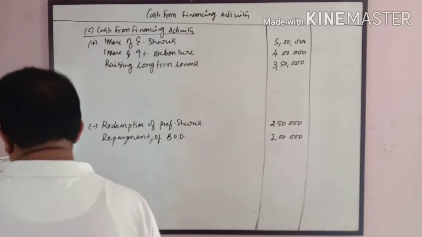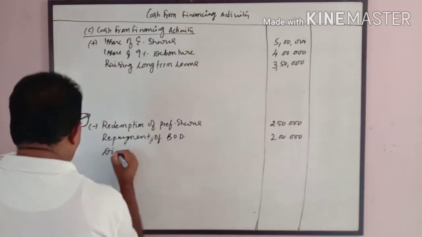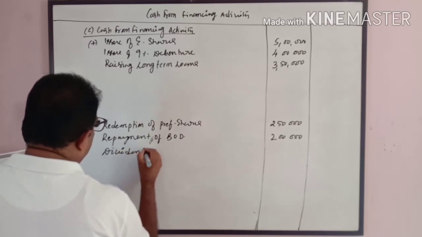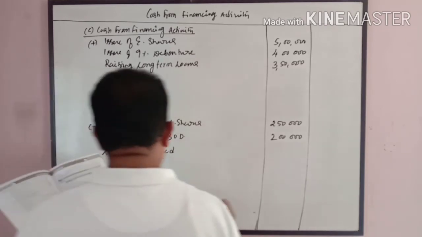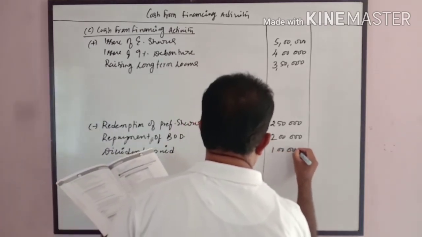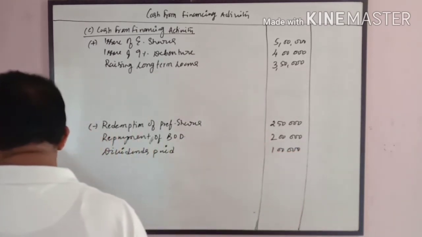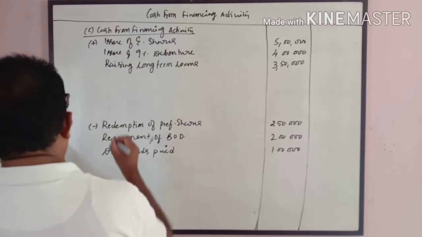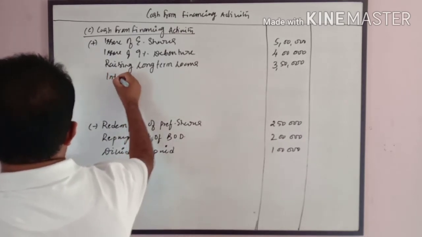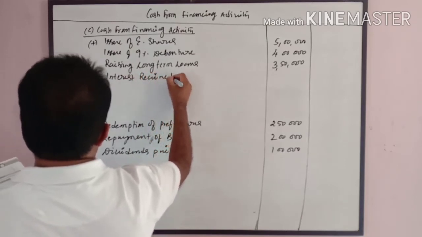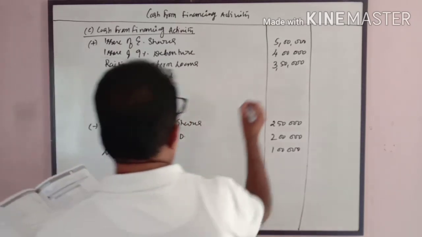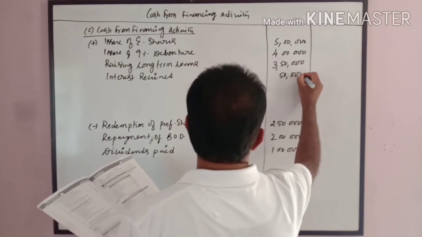Then dividends paid. Dividend paid will result in outflow of cash, 1 lakh. Then interest received, it is inflow of cash, 50,000.